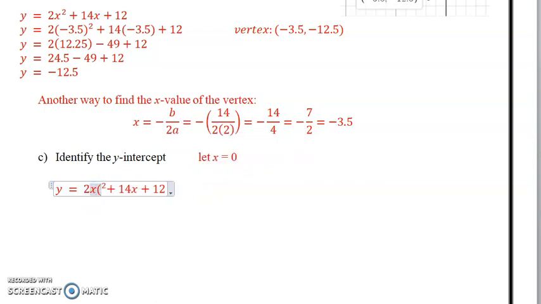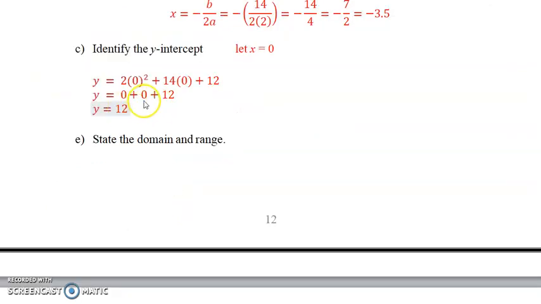So if we let this equal 0, we end up with 0. 0 squared times 2 is 0. 14 times 0 is 0. And 0 plus 0 plus 12 is 12. So that means that the y-intercept is 0 and 12, as I indicated when we did the graph earlier.